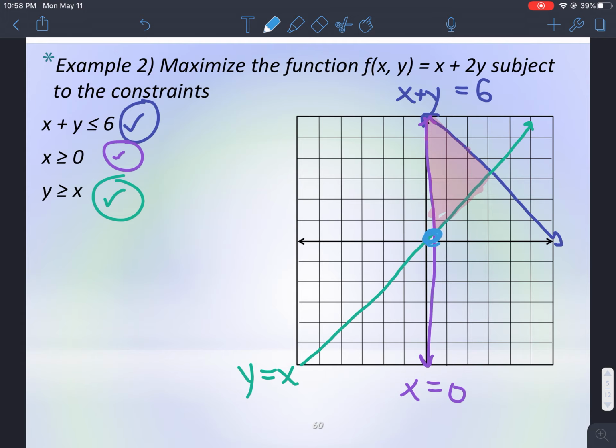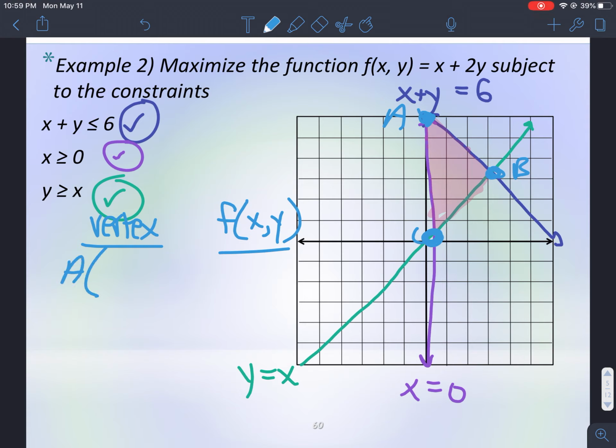So the coordinates of each vertex, let's call them A, B, and C. So vertex, f of x comma y, we're going to make a little table. A is going to be (0, 6). B is the point (3, 3). C is the point (0, 0).